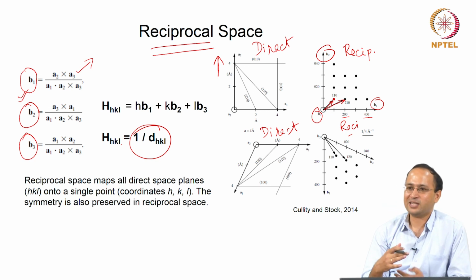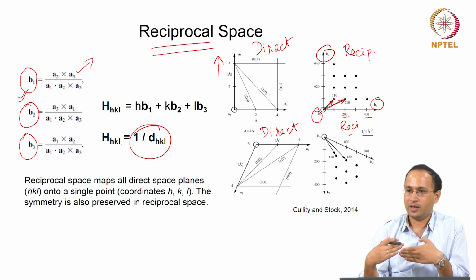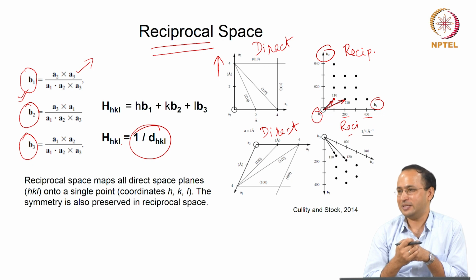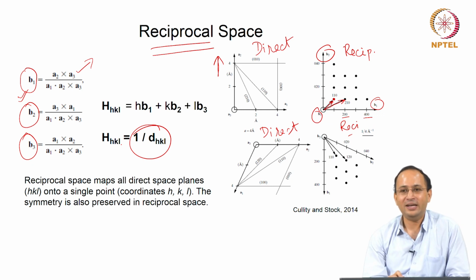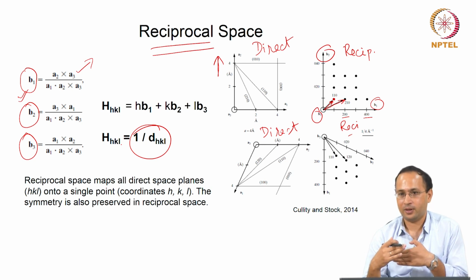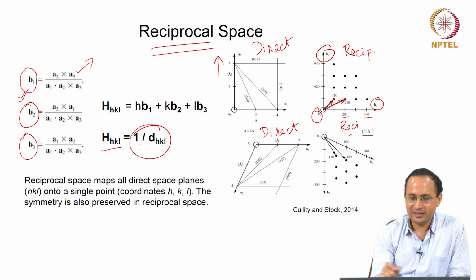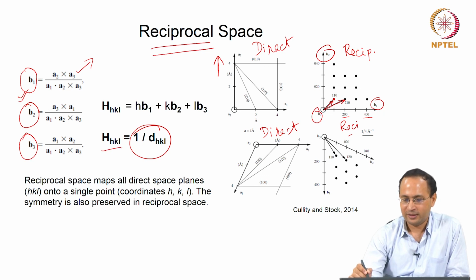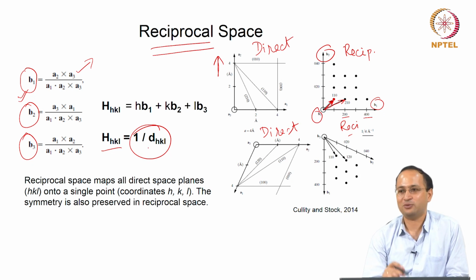Interplanar spacing: in direct space you have planes, and there is some distance between these planes. That is called interplanar spacing, often written d_hkl. hkl is the plane, and d_hkl means the spacing between these planes. The length of this vector will be 1 over d_hkl, which is why it is called reciprocal.